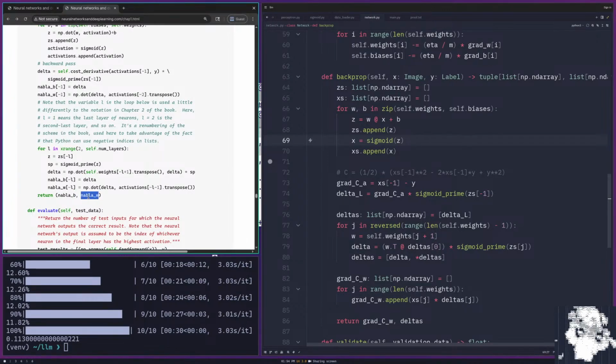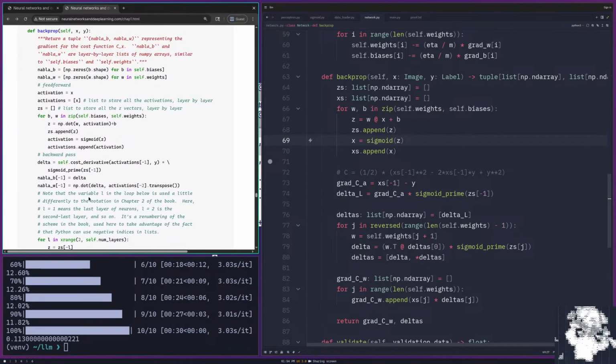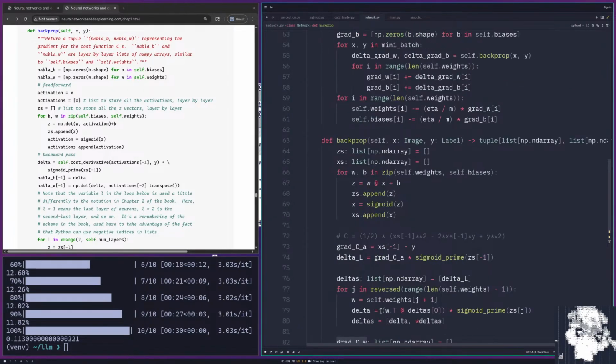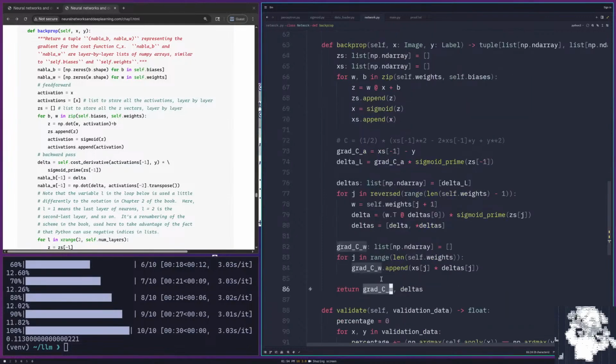Nabla B, Nabla W. I don't declare them explicitly. Well, the grad C with respect to W I do. And this I called delta grad W before. But it's the same thing.